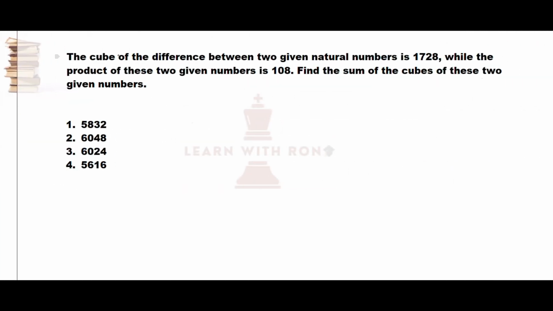See this question here. Here they have given the cube of the difference between two natural numbers, whose value is 1728. Let's say for example x and y are the two natural numbers and the difference between them is x minus y, but they have given the cube of the difference between them, meaning x minus y whole cube, as 1728. See the next step, x minus y whole cube equals 1728, which is nothing but 12 cube, right?